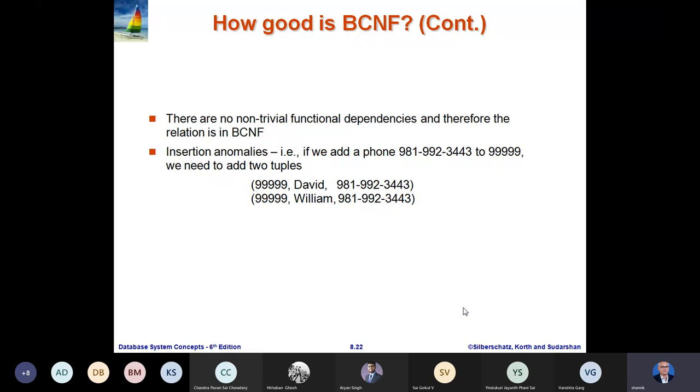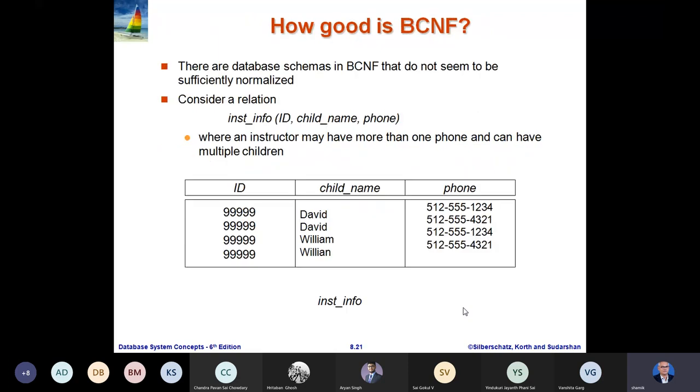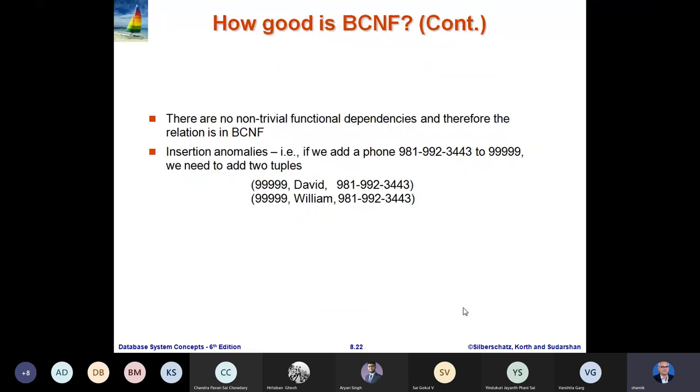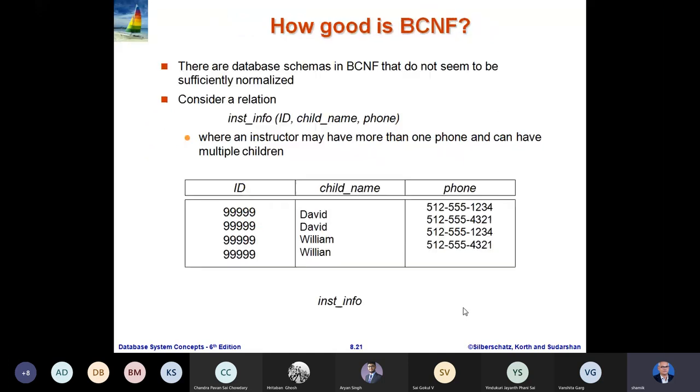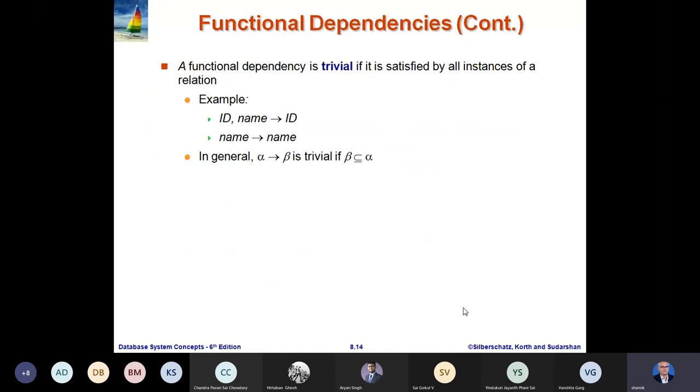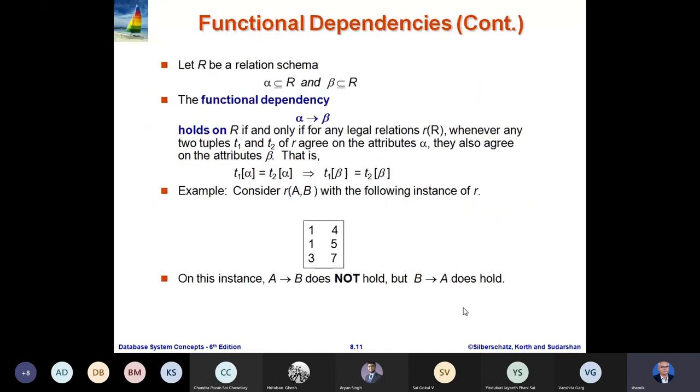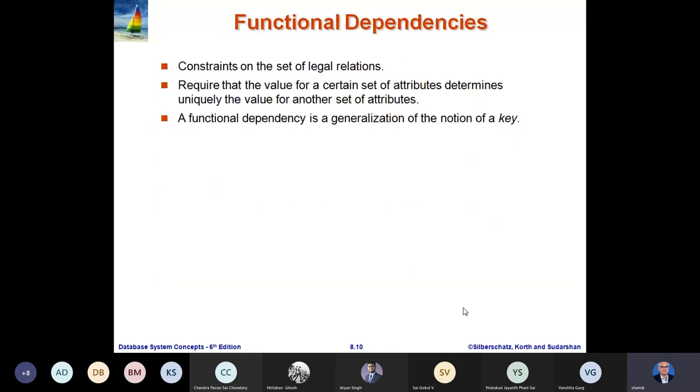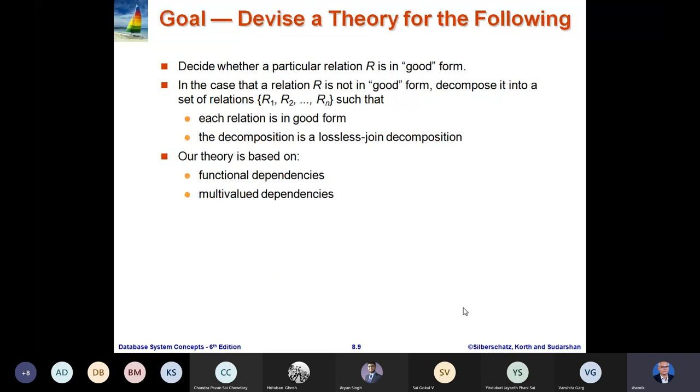We understand that BCNF is good to have in certain contexts, but there are also some other contexts where we need something beyond BCNF. And that is what we mentioned at the beginning, and we'll go to the discussion later, that this theory is based on functional dependencies and multi-valued dependencies.